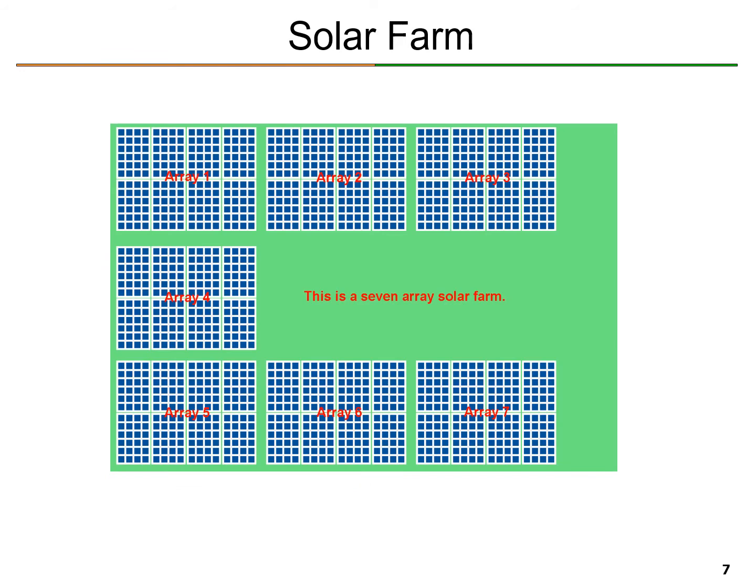In this picture here, multiple arrays, 1, 2, 3, 4, 5, 6, 7 arrays make up a solar farm. So here we see this solar farm consists of 7 arrays, and they just so happen to be positioned on some very beautiful green grass.